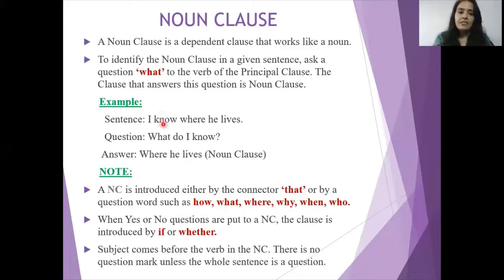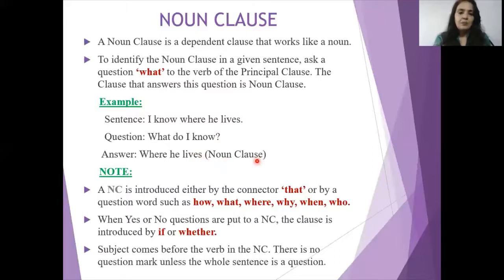How will you raise the question? What do I know? What? With the help of what we have to raise the question. So, what do I know? When you ask this question, you get the answer: where he lives. This is the answer, and that's why this is a noun clause.